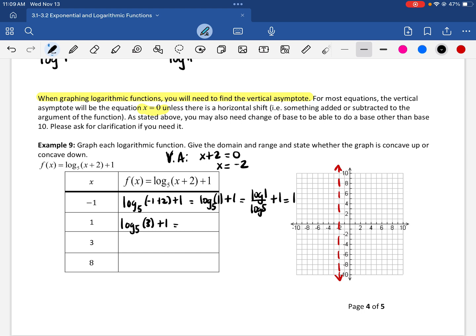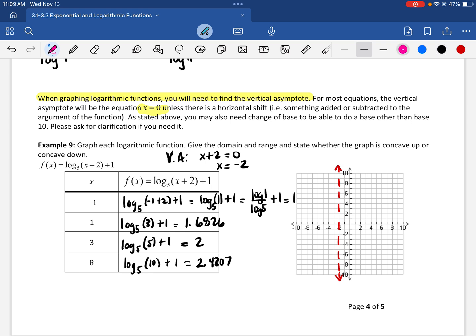So log base 5 of 3 plus 1 is going to be 1.6826. Then we'll plug in a 3. 3 plus 2 is going to be 5. Plus 1 ends up being 2. Plug in an 8. 8 plus 2 is 10. So log base 5 of 10 plus 1 comes out to be 2.4307.